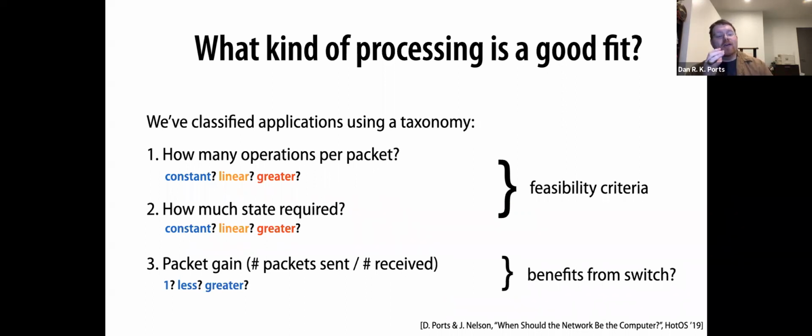The other thing we want to look at is, is this an application that benefits from being able to be placed in the network? That is, does the fact that we can do this logic change the number of packets we need to send?